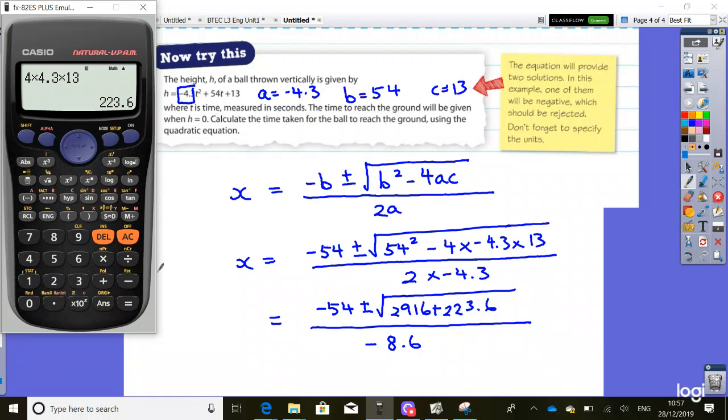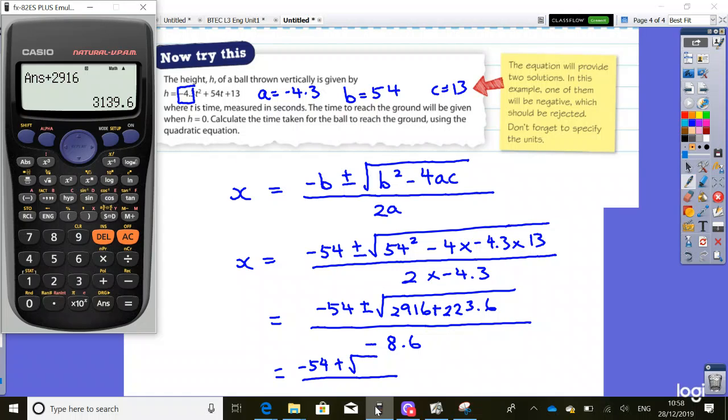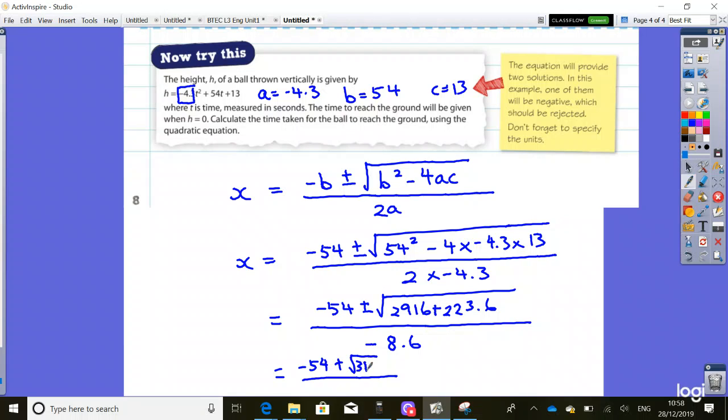Then I will add that to 2916 under the square root, and I will now have minus 54 plus the square root of 3139.6, over 8.6, and I'm going to split this into two equations, the other being minus 54 minus the square root of 3139.6 over minus 8.6.